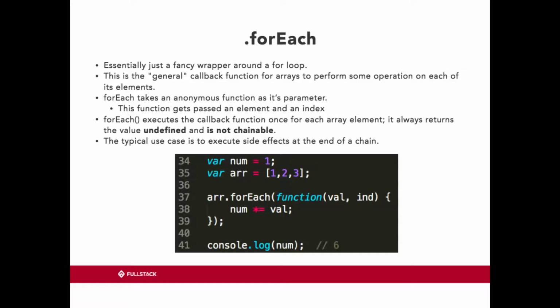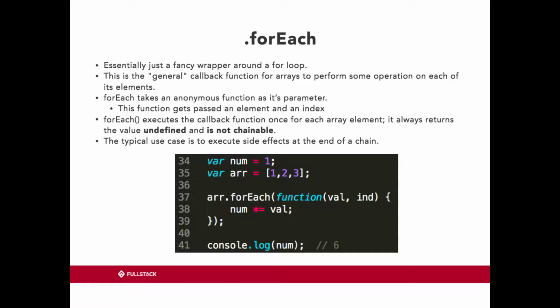All of this is primarily used for either mutating the values or, in this case, modifying another variable with it. So array.forEach returns undefined. Just remember that. This is used primarily for doing something with your existing array. It does not create or return a new array. So that's the first thing.